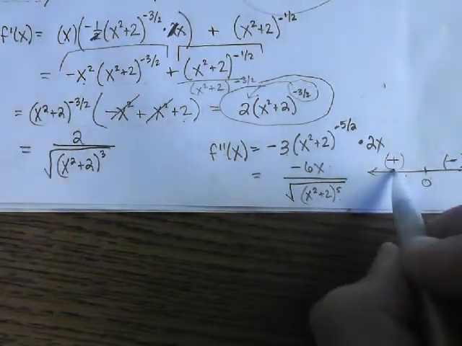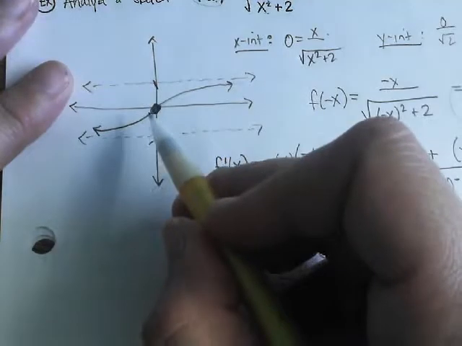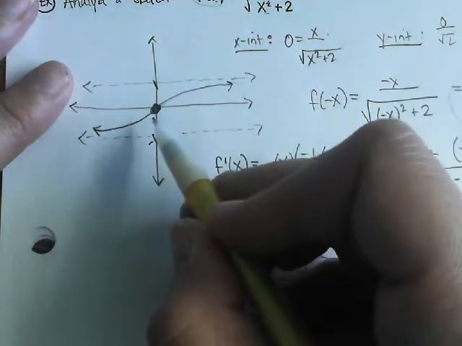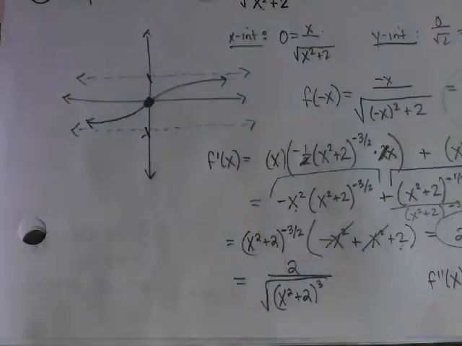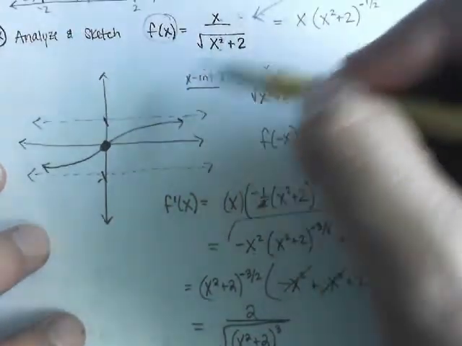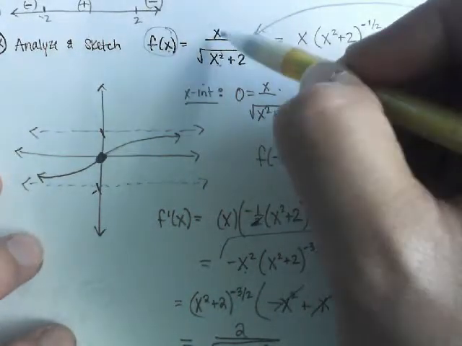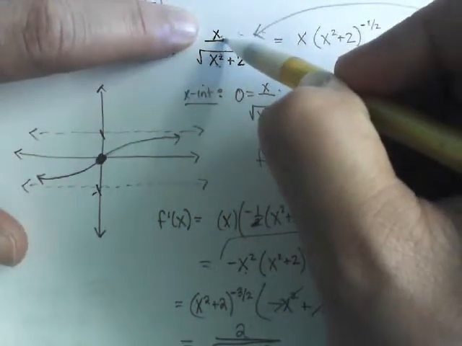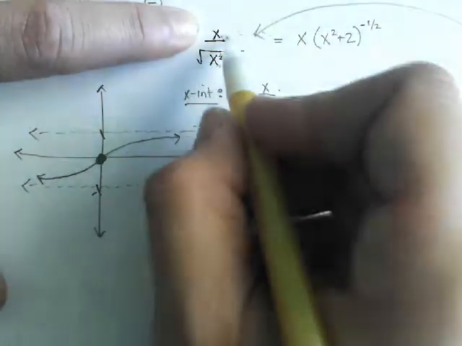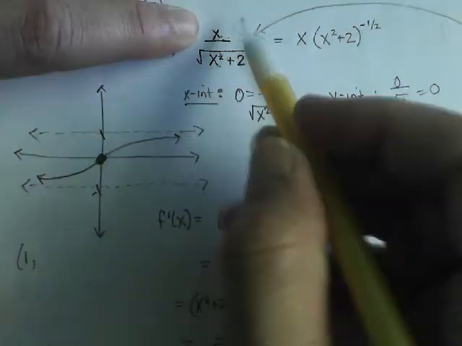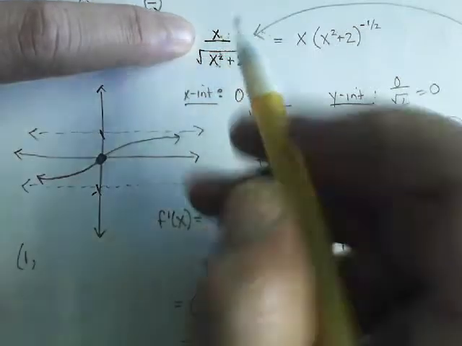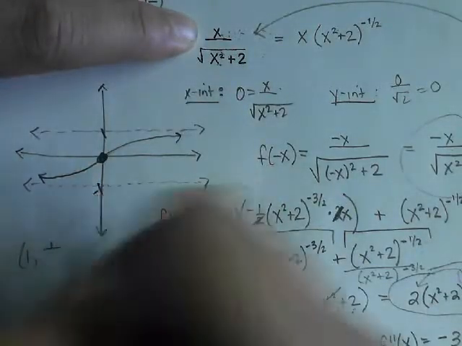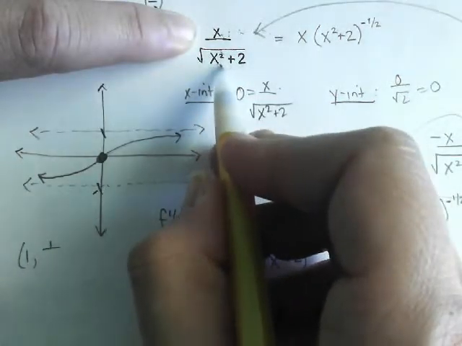The other thing you could do is just check points. If you just want to plug in 1, plug in 2, it would probably be more efficient here, because if I plug in 1, my y-coordinate is going to be 1 over what? If I plug in a 1, what's the denominator going to be? Root 3. If I plug in a 2, I'm going to get 2 over root 6.